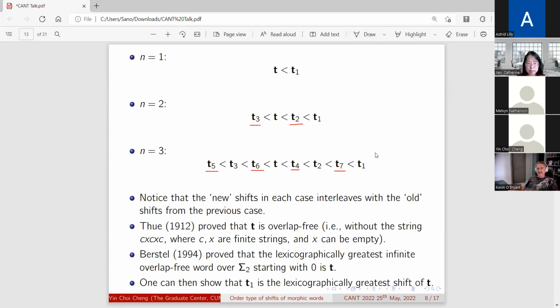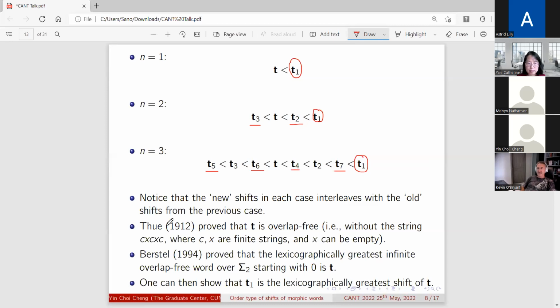And observation number 2, we notice that on the right-hand side, the first shift remains as the lexicographically greatest element at each stage. And that is true in general. We can show that the first shift is the lexicographically greatest shift of the 2m squared using the following facts.